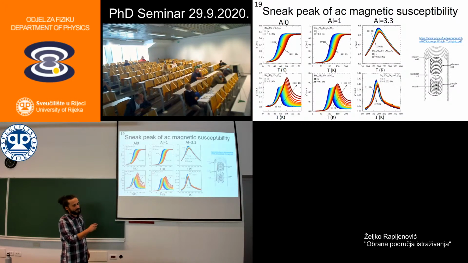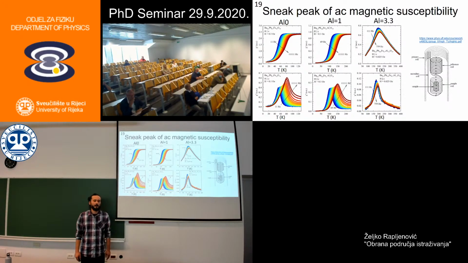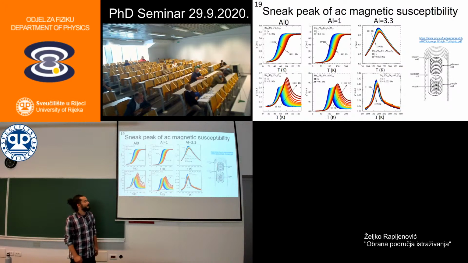And we introduce in this structure aluminum. So let's say we substitute one iron by one aluminum and by 3.3 aluminum. And we see that this feature, which we attributed to some relaxer-like behavior, is moving to high temperatures.